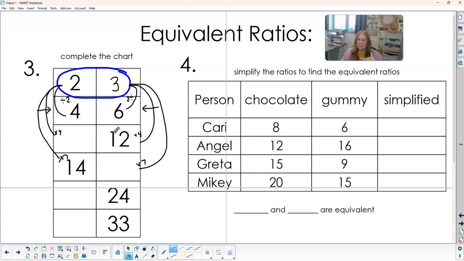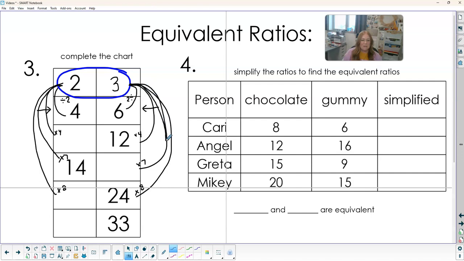So notice we're not just necessarily skip counting. It doesn't have to go in order. Sometimes they do, but this one is just multiples of 2 and 3, not necessarily in order. So now how do I get from 3 to 24? I times by 8. So now over here, we need to do 2 times 8 and put the answer here.